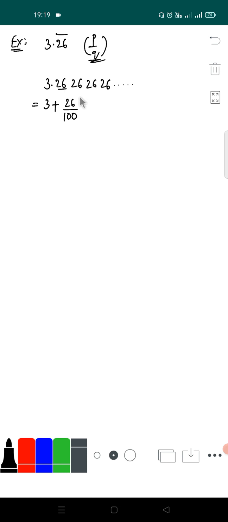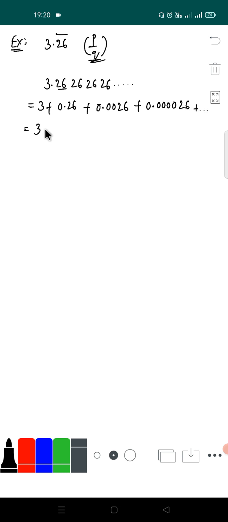For simplicity I will explain this by adding one more step: 3 plus 0.26 plus 0.0026 plus 0.000026 and so on. This 0.26 is nothing but 26 by 10 square, that is 100.